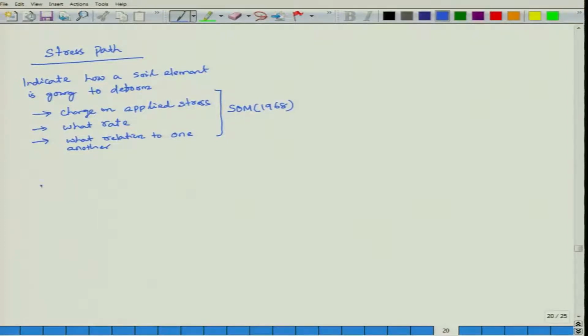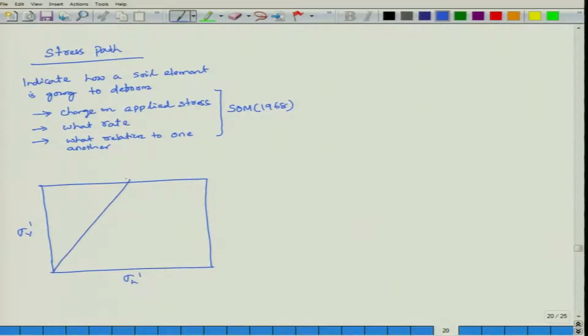Now, take a graph here. This is your sigma V prime, this is your sigma H prime, this line is your isotropic line, and this is your K0 line.